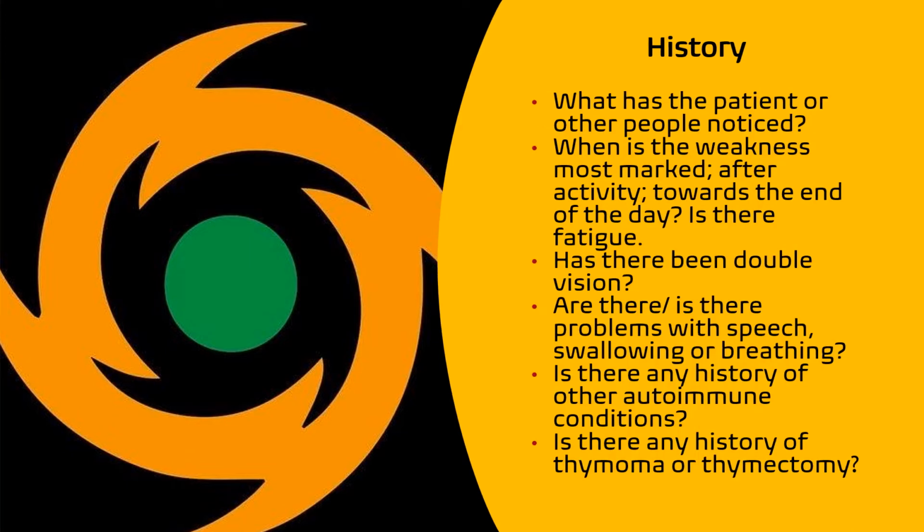And in context of history, when physicians look to identify patients or recipients who are suspected of myasthenia gravis, this slide provides an overview of the line of history that physicians may use to identify more specifically in and around diagnoses.